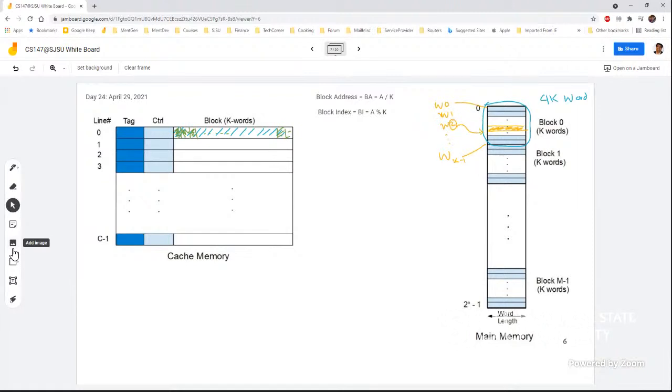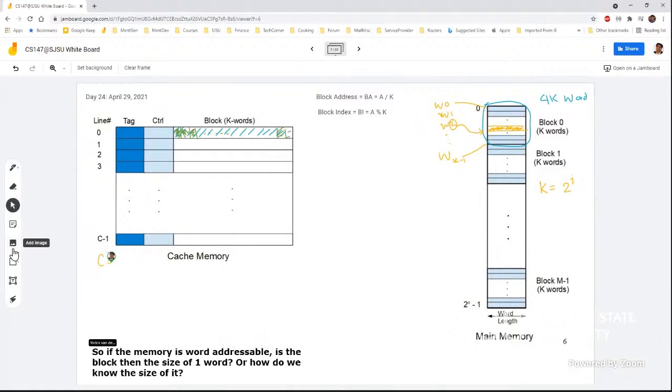That's your block index, the index within the block of the target data you want to access, calculated by A mod K. Then from there it comes to the definition where our first assumption is K is 2 to the power I. Here we have C cache lines, and our assumption is that C is also 2 to the power of some number, maybe J.